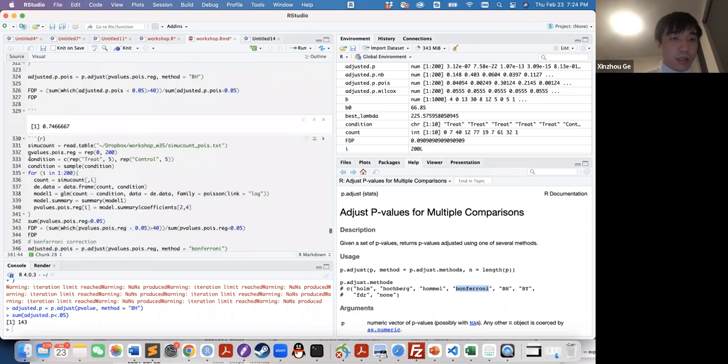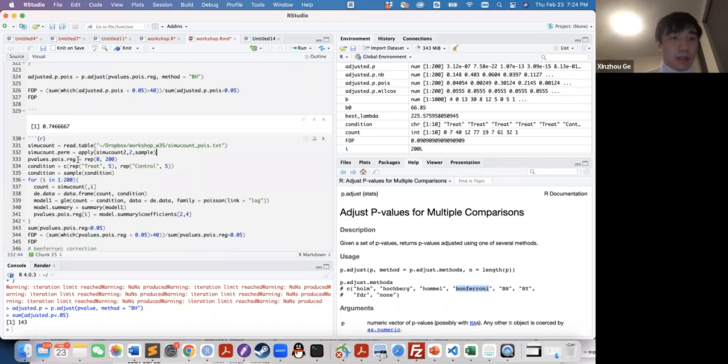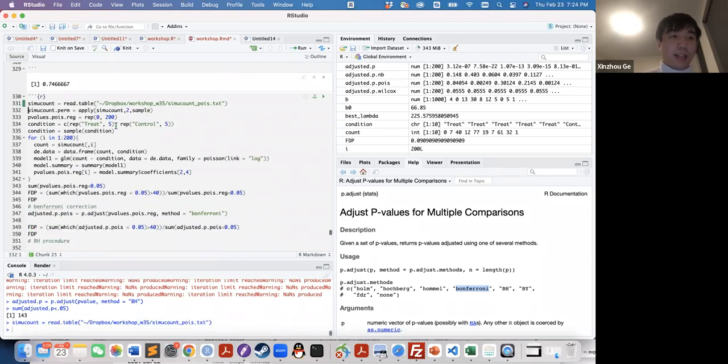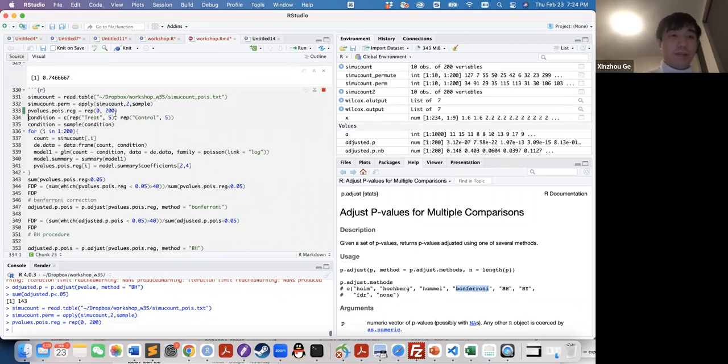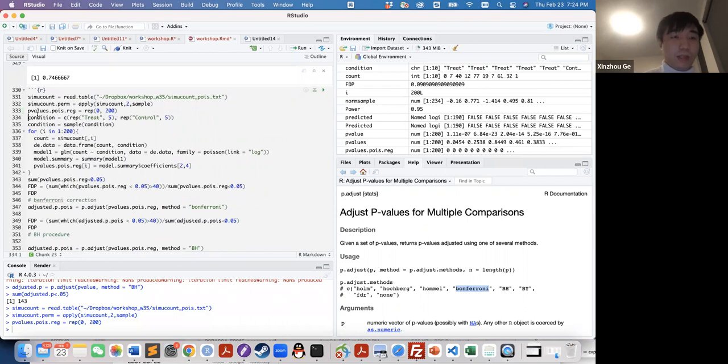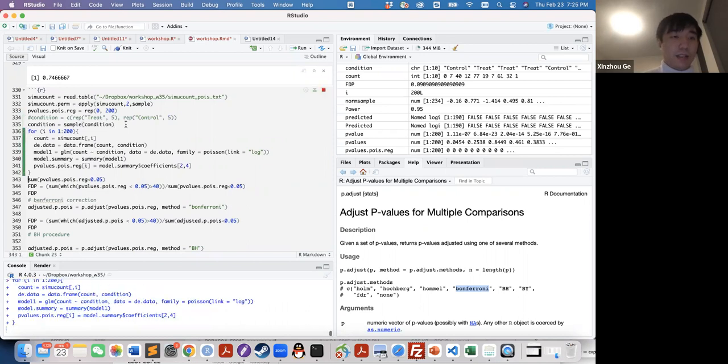So here we are looking at the first dataset, the Poisson dataset, and we want to check whether the Poisson regression model is good. And we don't need the condition permutation because we are using another way. And we repeat all the procedures.